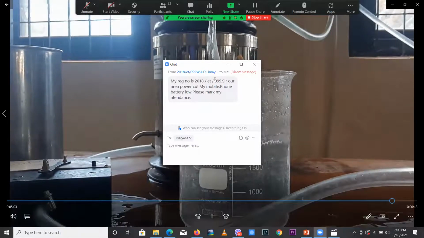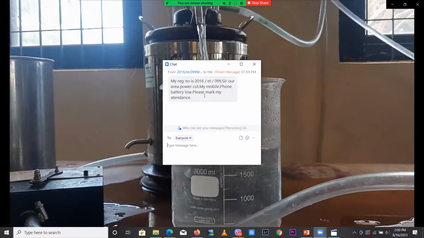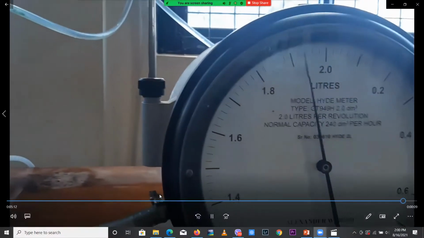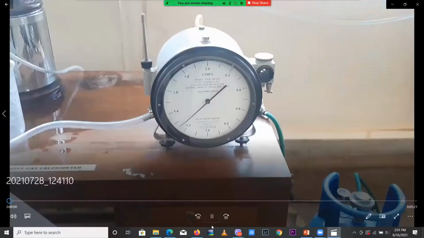Still now there is something, right? This is, yeah, 1.9. Okay, 1.9 liters.